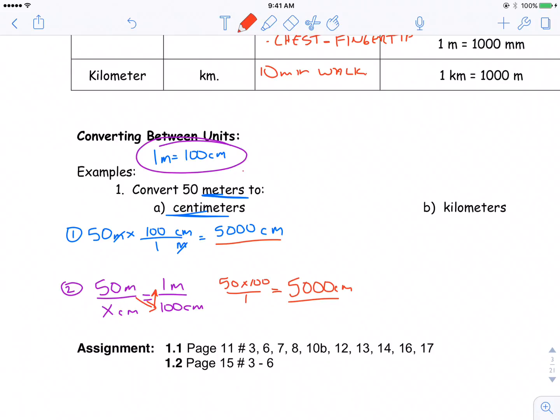Now, the difference between using conversion factors and proportional reasoning. Conversion factors you'll see again and again in other courses, chemistry, physics, and later in some upper level maths. Proportional calculation is a shortcut. It is a bit of a cheater's way to get around how to calculate. I personally don't care which one you use, as long as you're being consistent.